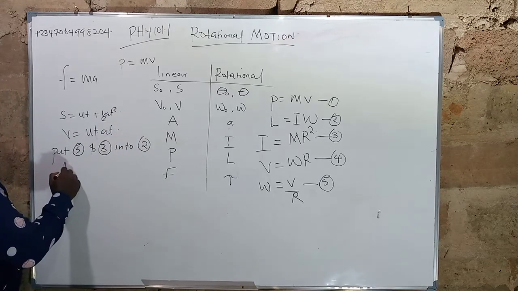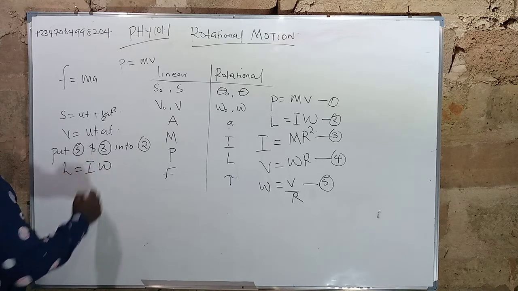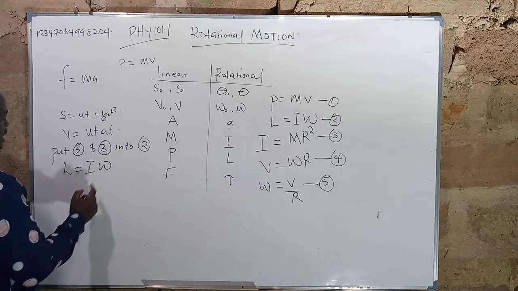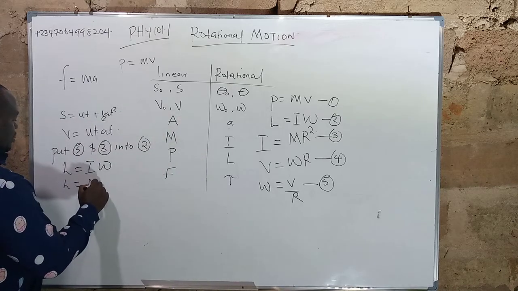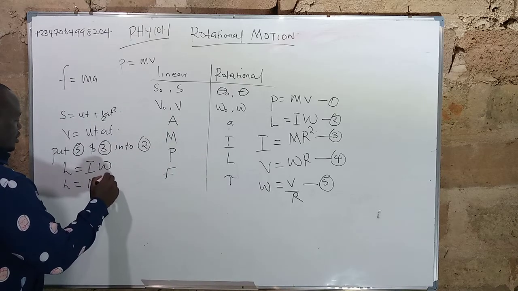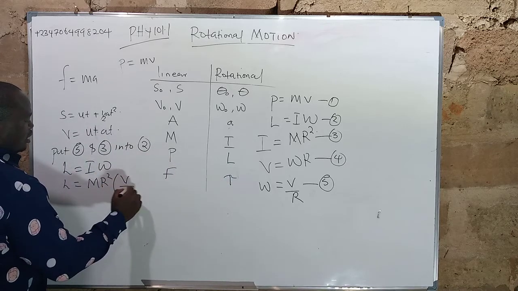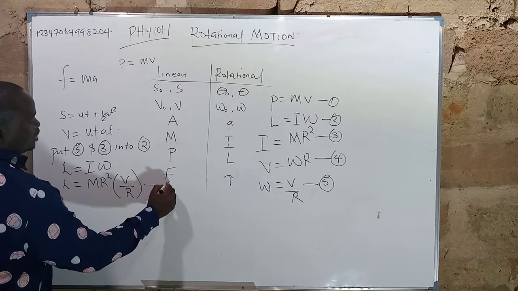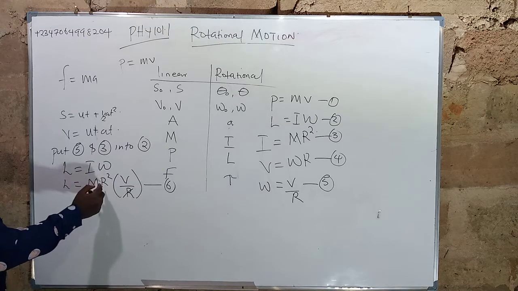And equation 2 is L is equal to I omega. I already know what my I and omega are. So, L is now equal to, my I is capital M R square, while my omega is V all over R. This is another equation. Let me call it equation 6. Now look how it's going to happen.